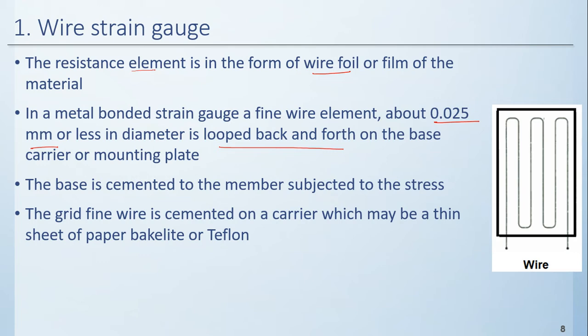And the entire structure is cemented over your base plate, which is the member subjected to stress. Now, when the base plate is subjected to external force, it will deform, and this deformation leads to a change in resistance in your wire foil. This resistance change is transferred to the Wheatstone bridge circuit, where it is converted to an equivalent voltage so that it can be processed later.